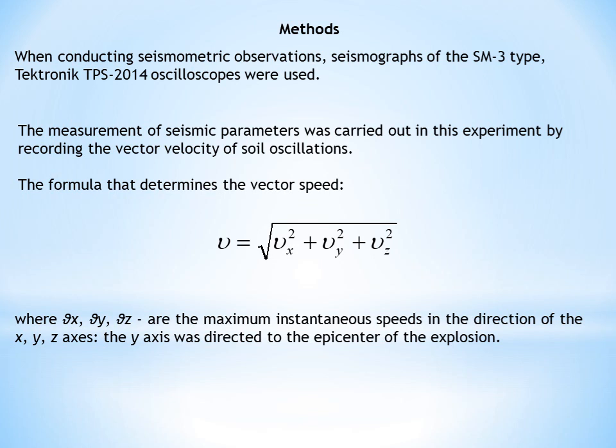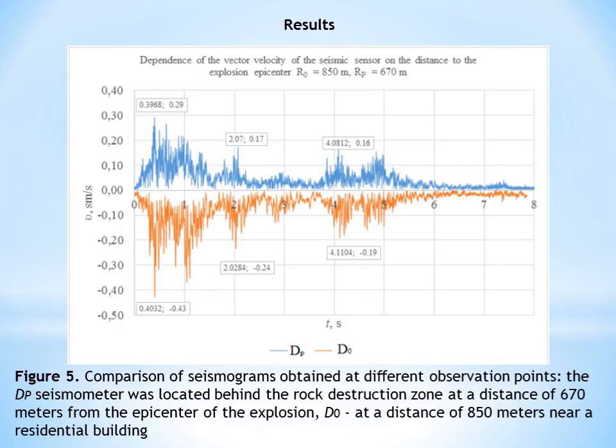Damage to the protected object occurs if sufficient energy penetrates into it from the seismic wave. Without this energy, damage cannot occur, even if the force characteristics exceed those required for this in the case of statics. Therefore, the measurement of seismic parameters was carried out in this experiment by recording the vector velocity of soil oscillations.